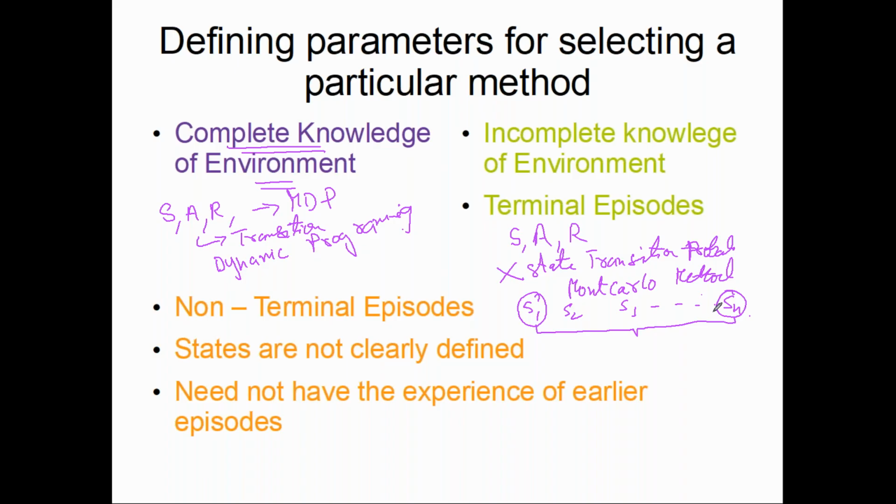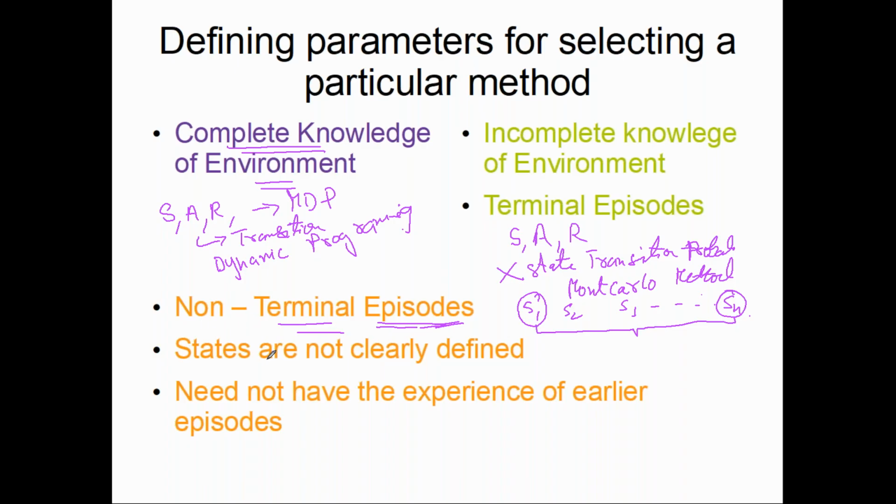Coming to the third one, non-terminal episodes. A prominent example is self-driving cars, or some gaming experiences where there is no such end. You just keep playing and it keeps going, and there's nothing called an end of it. Such a thing is called a non-terminal episode.